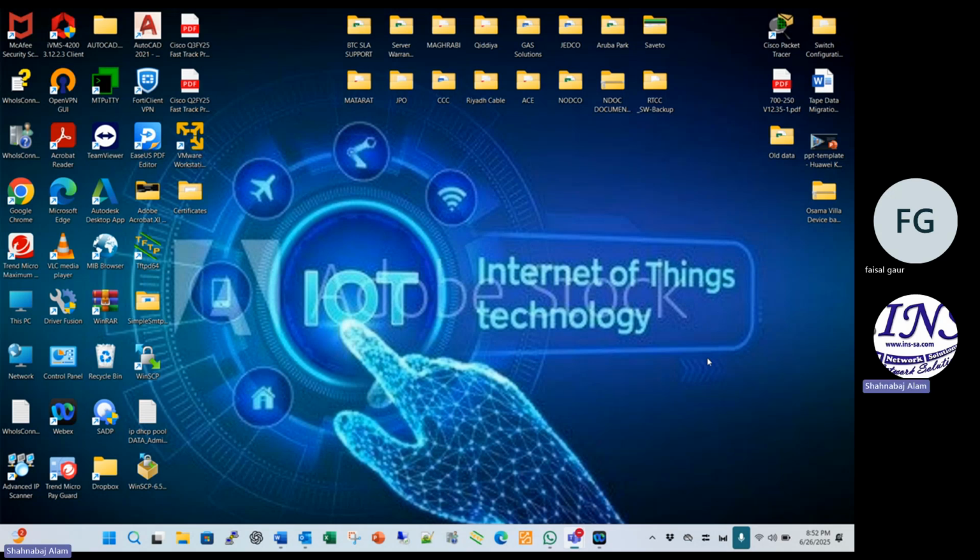So we can see everything, and also we will see the network devices, what devices are used, and what is the work of the network device. So we will cover all these things in this topic. Okay, let's start.